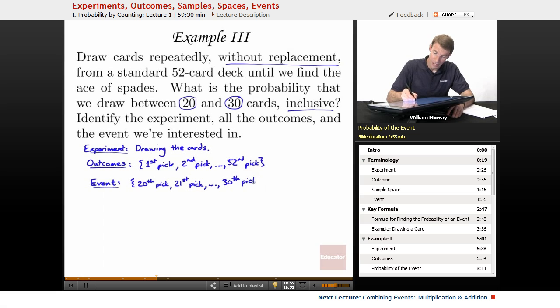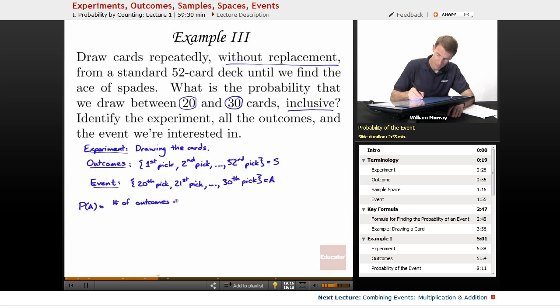So that's our event there. That's our A. Generally we use A and B for events, and we always use the letter S for the sample space.